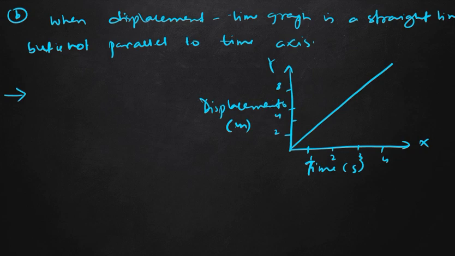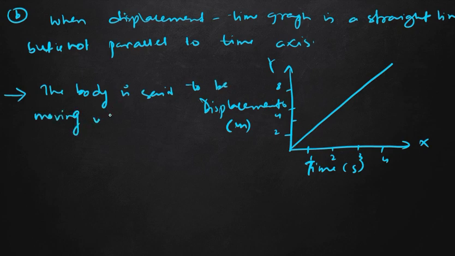This type of body is said to be moving with a uniform velocity.